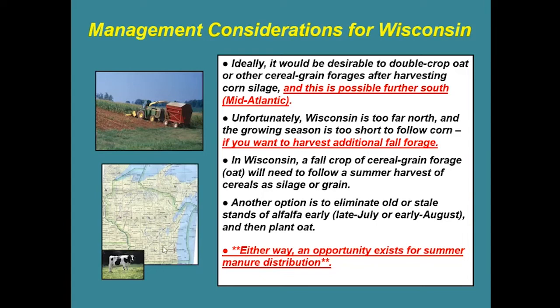Either way, regardless of how you establish these, an opportunity exists for summer manure distribution. And I don't want to gloss over that. Actually, that's one of the major benefits of using this kind of a system in some way, is that it opens up a really good window or opportunity to distribute manure that's independent of corn production.